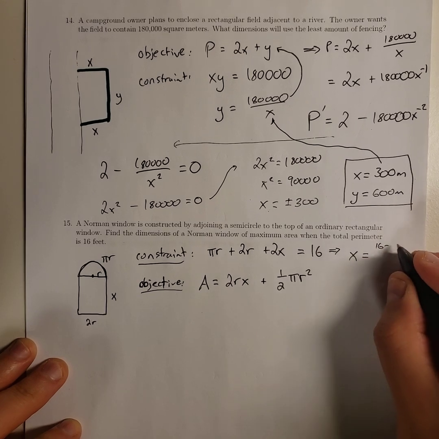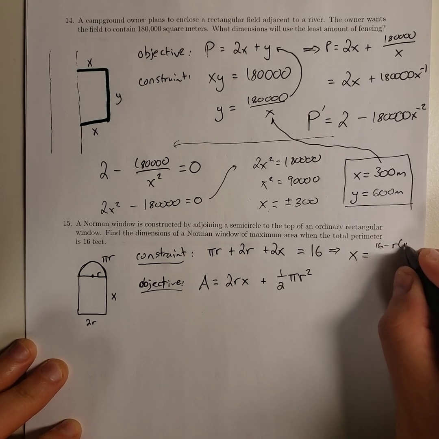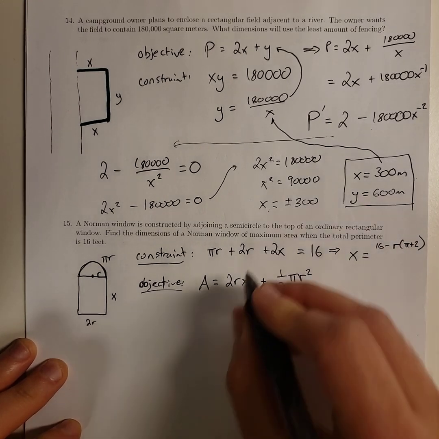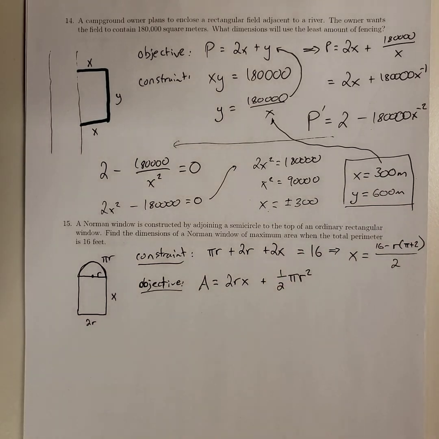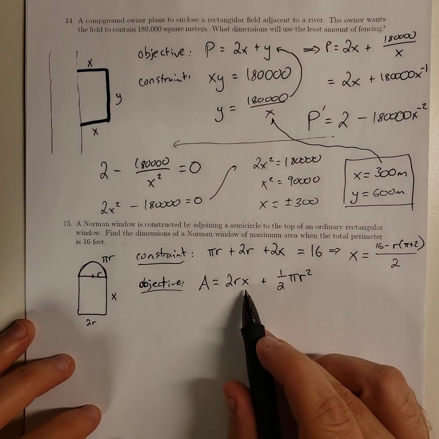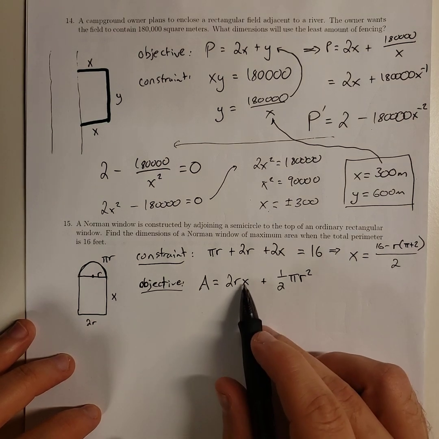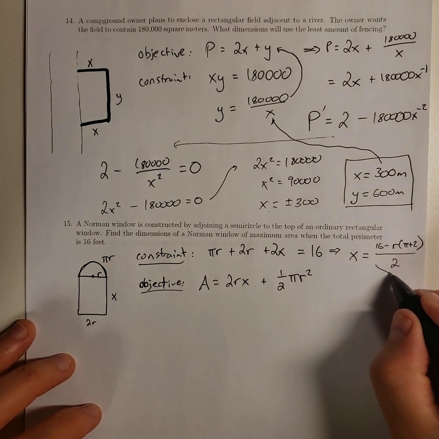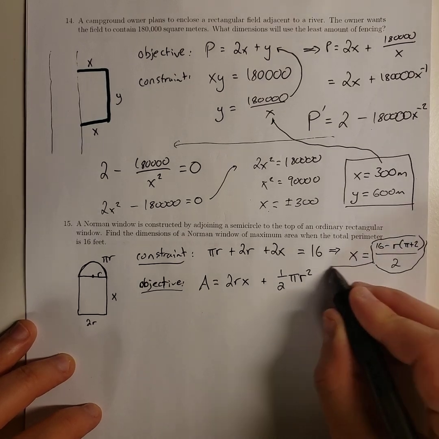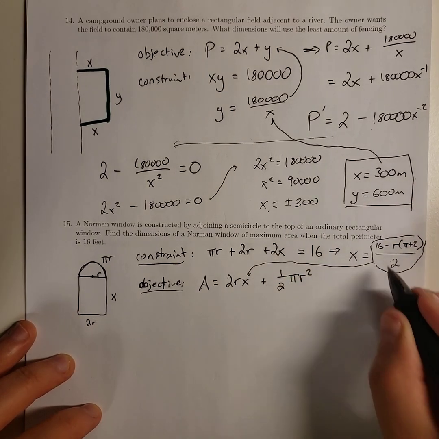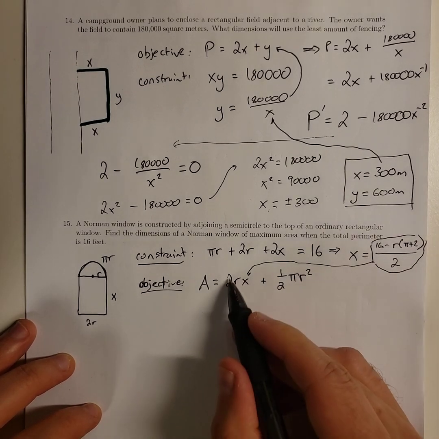So 16 minus r times pi plus 2 after factoring that out. And then I have to divide by 2. And so that's going to go into the x here. Notice there's only one occurrence of the x in the area. So this whole expression will go in for this x here. And what's nice is that this 2 is going to cancel out that 2.